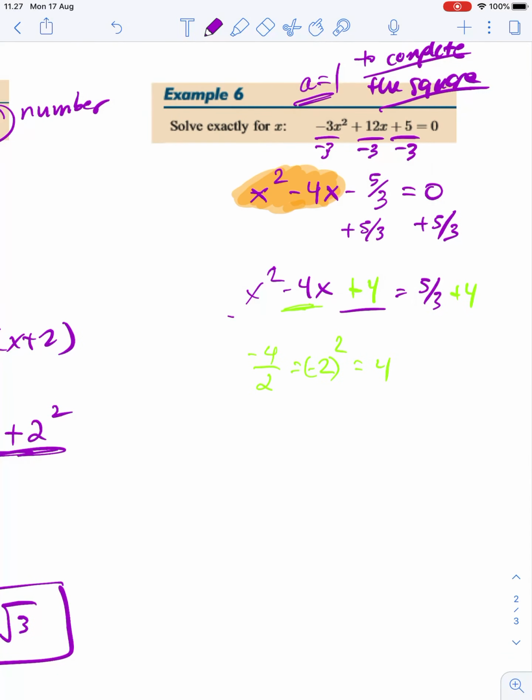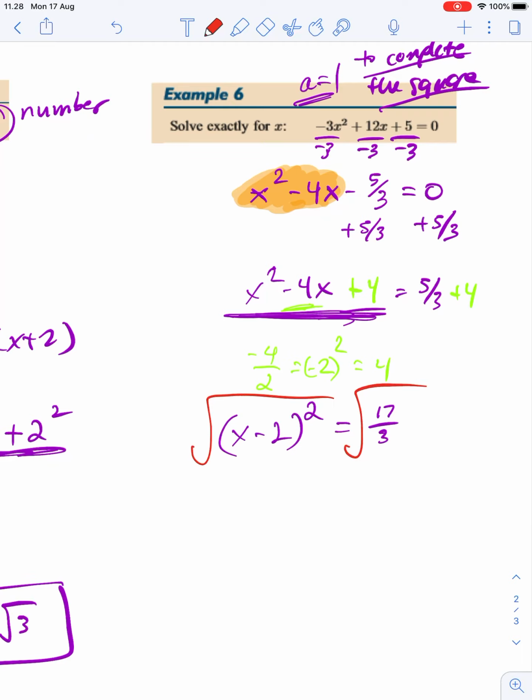Then the question is, how can you factorize this? Well, this is a perfect square, so I should be able to factorize it like this: x minus 2 squared is equal to 17 over 3. Same process here.